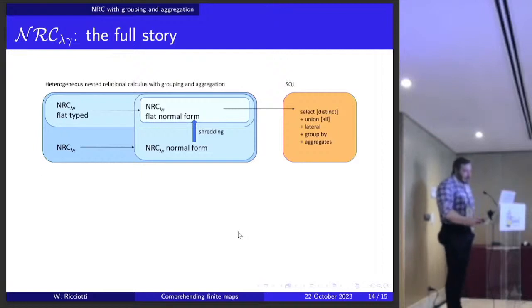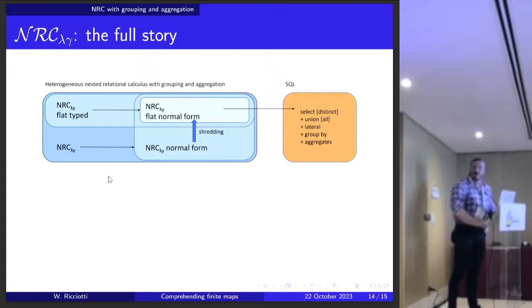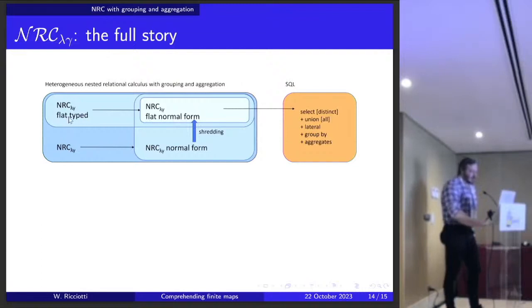So to sum up, this was our initial goal, and what I have shown you is when you have flat typed NRC lambda gamma queries, you can normalize them and obtain normal forms that can be translated to SQL.